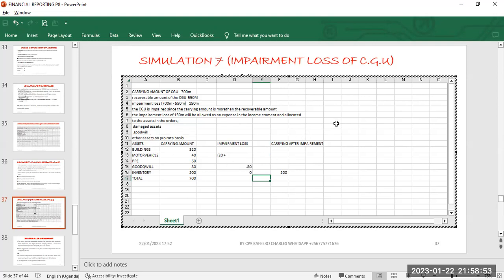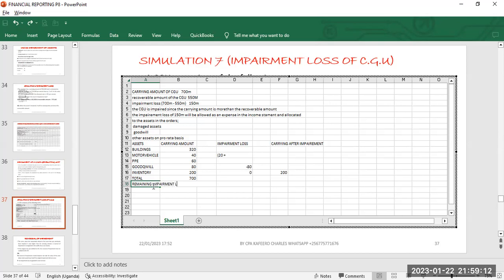So we are now looking for totals for the remaining impairment loss. Let's first compute that.